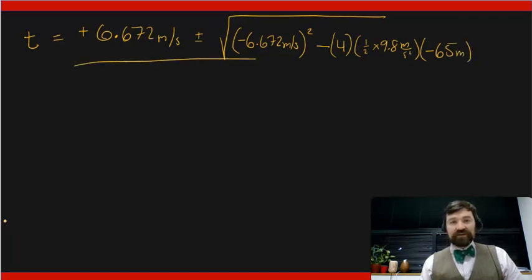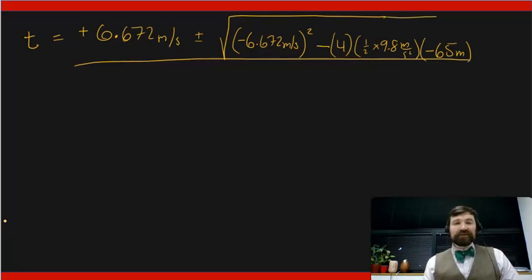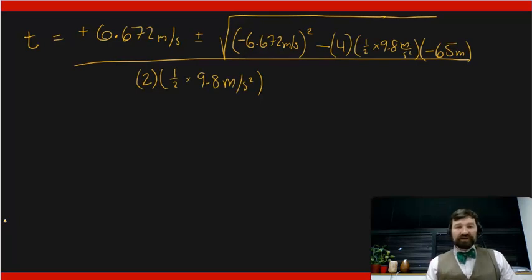And then all of that is going to be divided by 2 times your 1/2 times g. And again, because of the way that I've set this problem up, my 1/2 times g, these are all positive numbers, and I can maybe cancel the 2 and the 1/2.